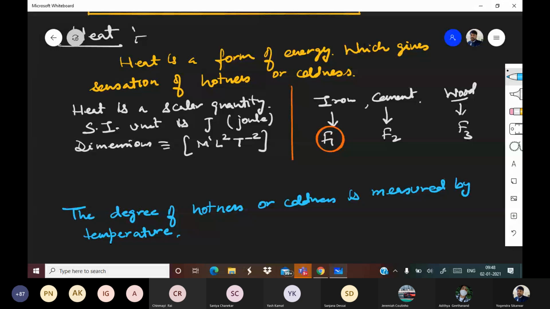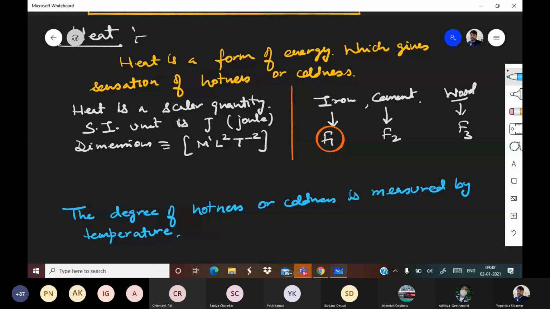That means if something is hot, how much hot it is, how can you find it out? By the help of temperature. If something is cold, how much cold it is can be found by the help of temperature. Okay.